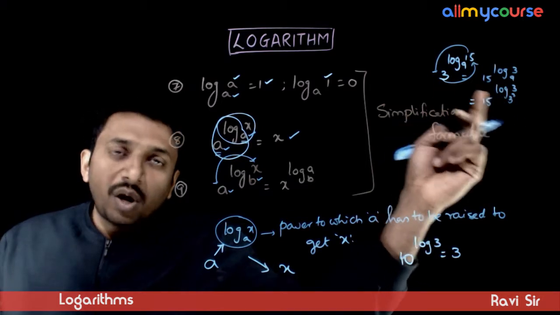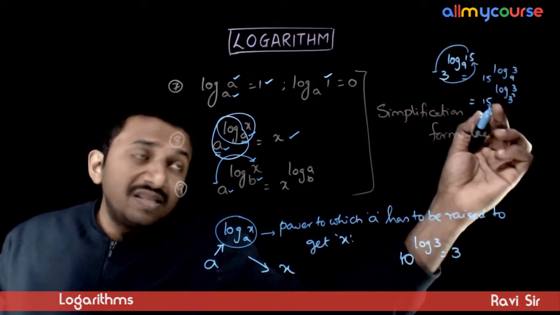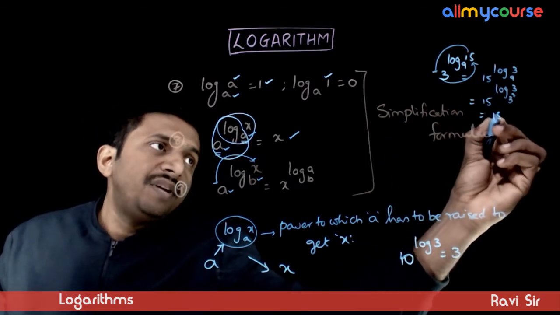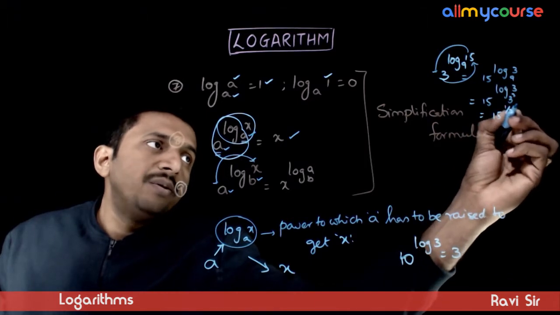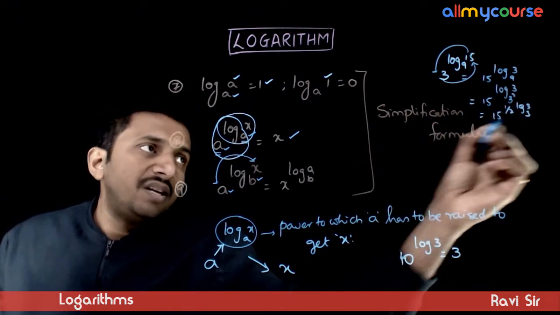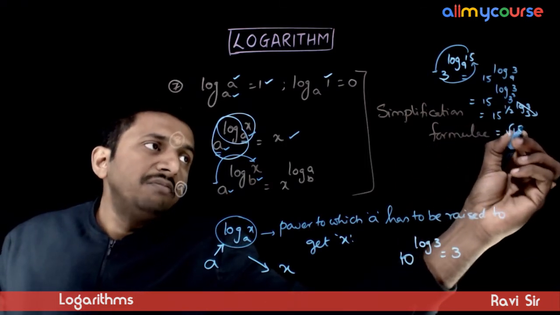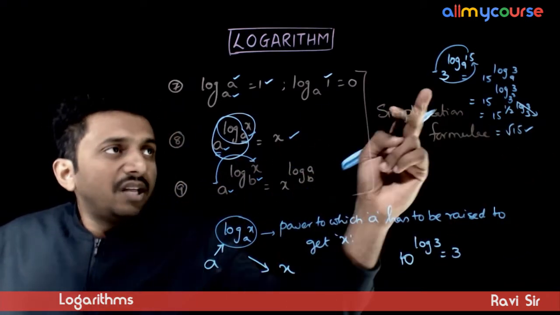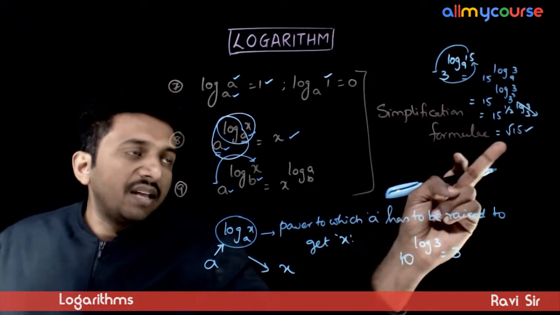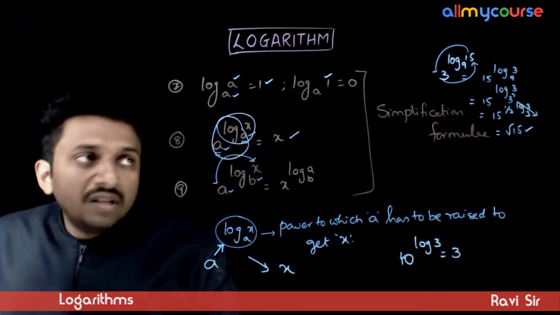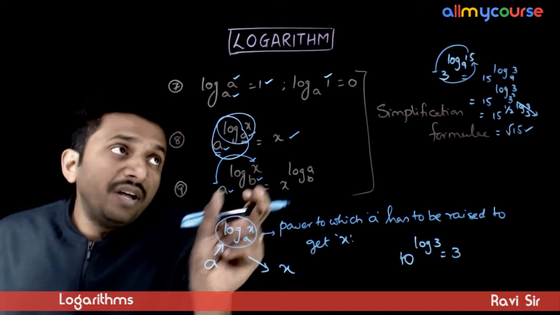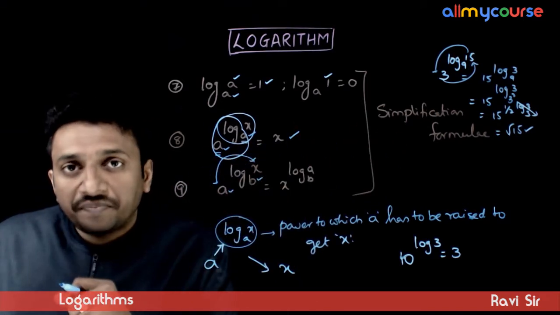This 2 can be brought out as 1 by 2 because this is the power of the base. So 15 power 1 by 2 log 3 to the base 3, which is equal to 1. That is 15 power half is equal to root 15. So 3 power log 15 to the base 9 will be equal to root 15. This is how we use this formula to simplify the expressions.